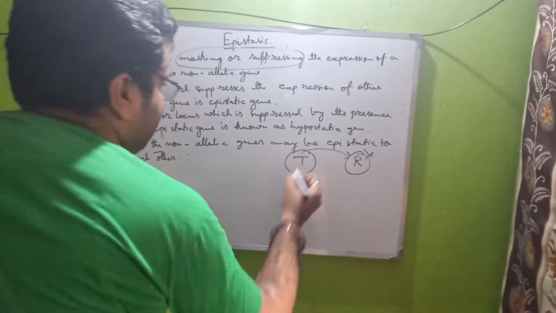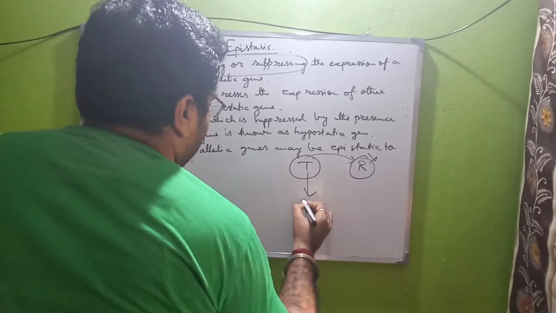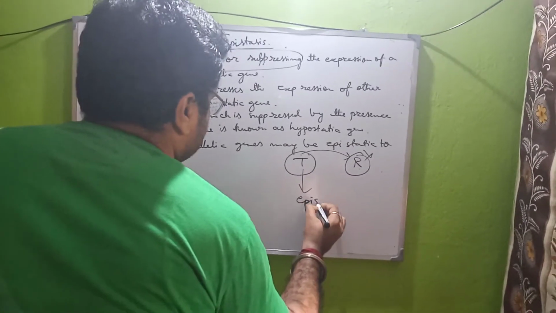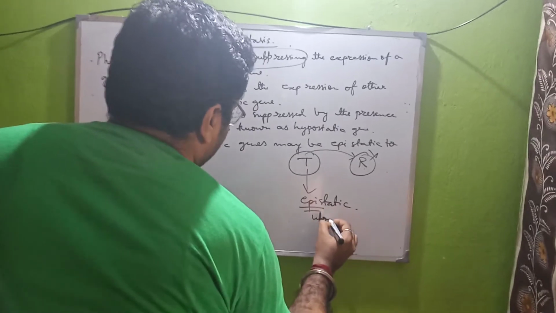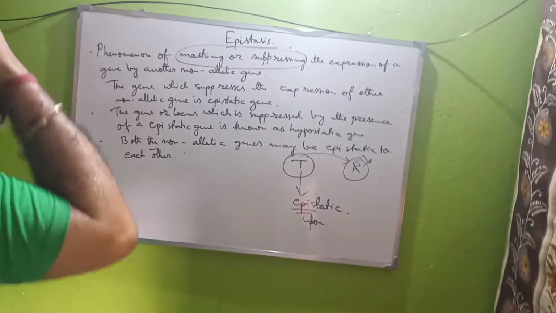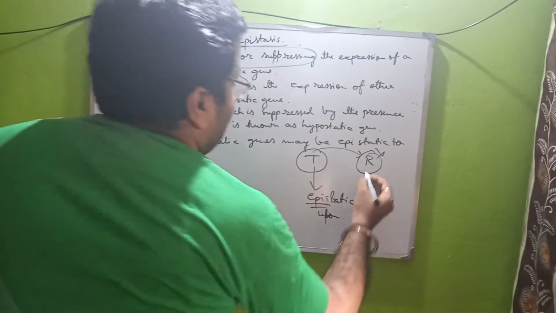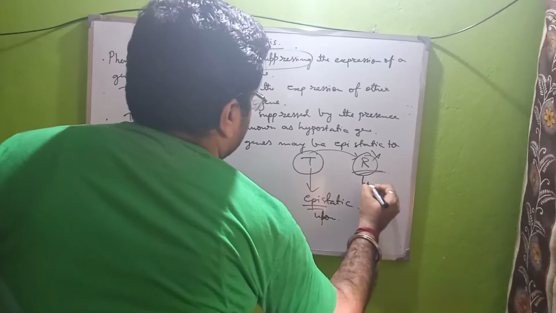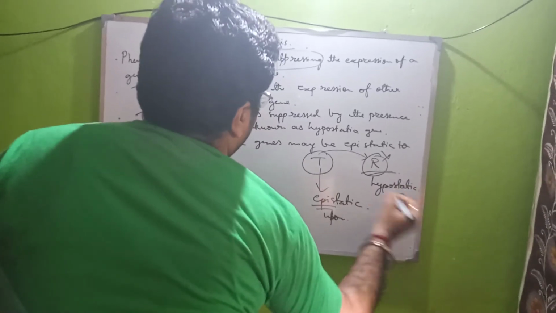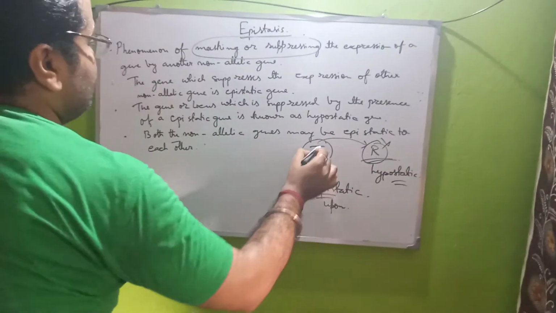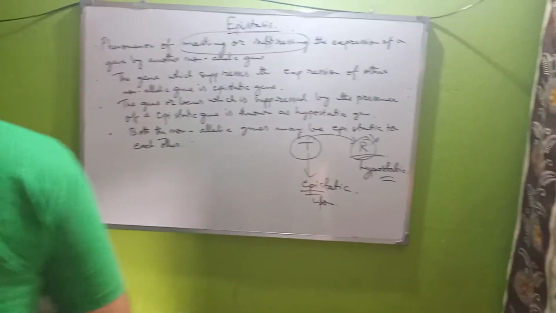So when such type of genes are present which will not allow another to express itself, we call it epistatic. Epi means upon and static means not allowing it to express, or suppressing the thing. And this is known as the hypostatic gene, meaning the gene which is not able to express due to the influence of the other gene, that is the gene T.